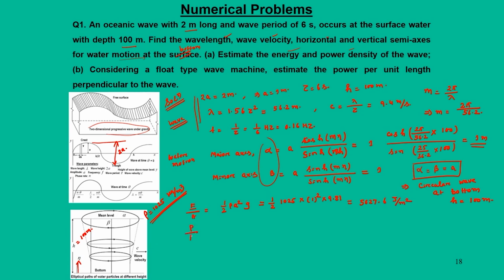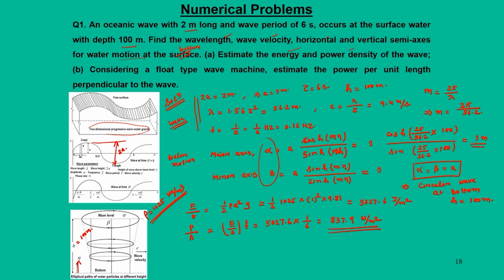Similarly, power density P by A is nothing but E by A into frequency. So 5027.6 into frequency, which in this case is 1 by 6. So the power density is 837.9 watt per meter square.